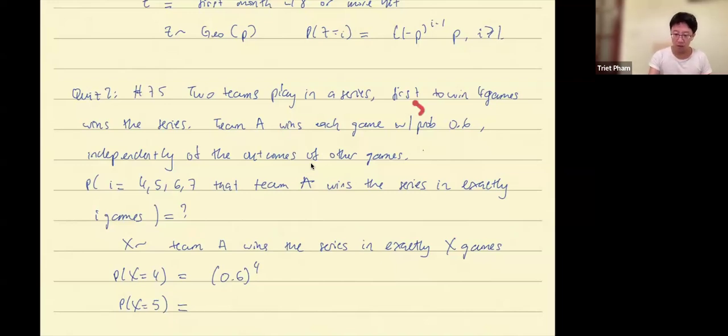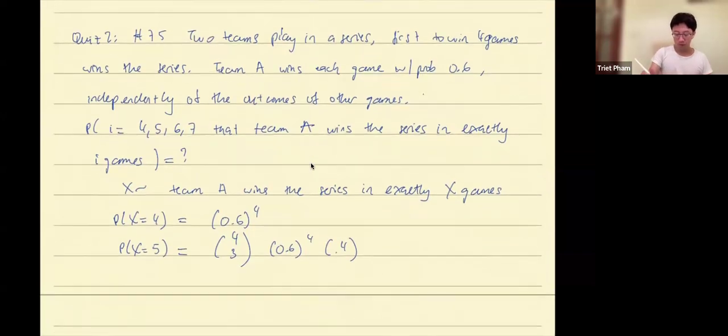So within that context, we just have to read into the context to see, and I hope it's clear, because the first team to win 4 games wins, so the last game must be a win. Therefore, either 4 choose 1 for the game that's lost, or 4 choose 3 for the 3 games that A must win in the previous 4, and then 0.6 to the 4th, and then 0.4. Is it okay? And we can see what this is.